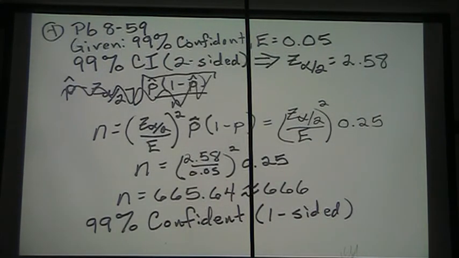Okay, if we're going to calculate that we want the binomial proportion to be above a certain number, we would use this.